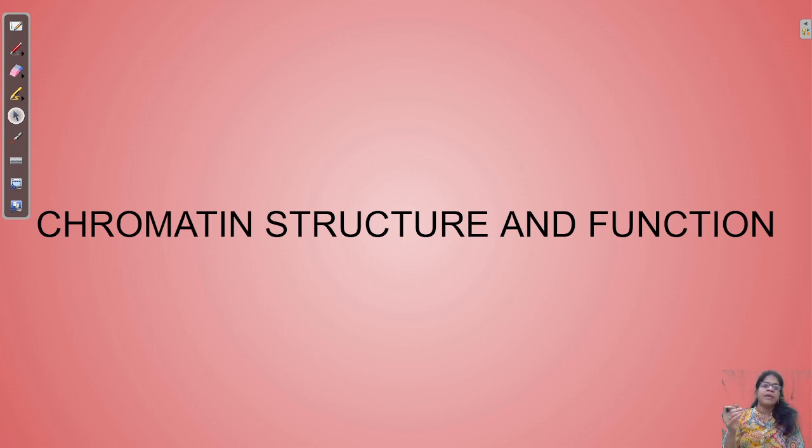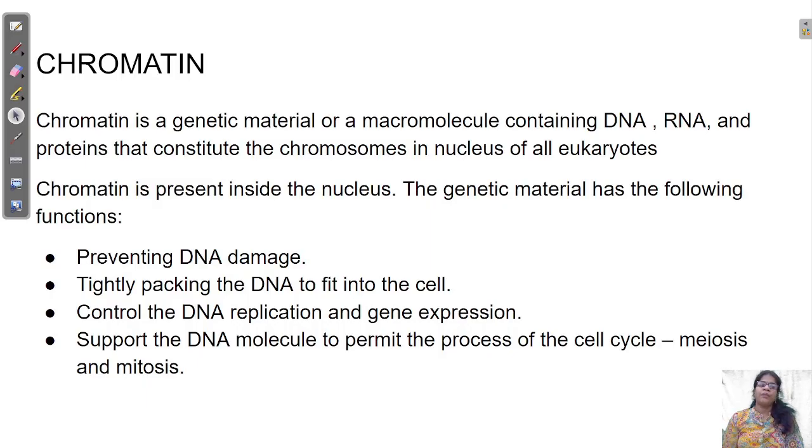In the next class, I will explain in detail about the chromosomes, their structure, and the types of chromosomes based on the position of their centromere. Today's class, let's discuss what chromatin is and what the types of chromatin are. Chromatin is a macromolecule that contains the DNA, RNA and proteins.